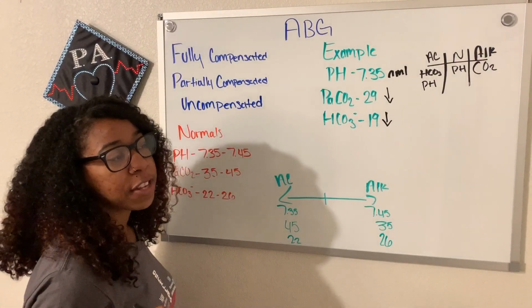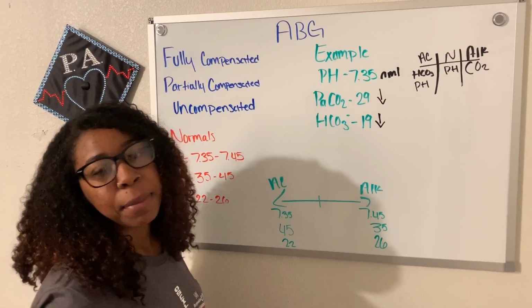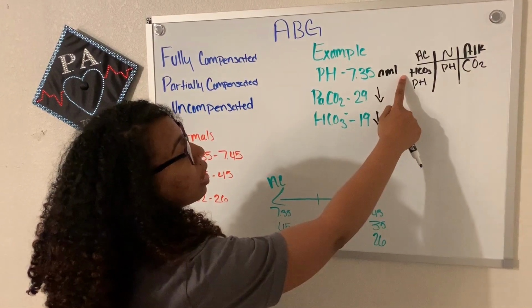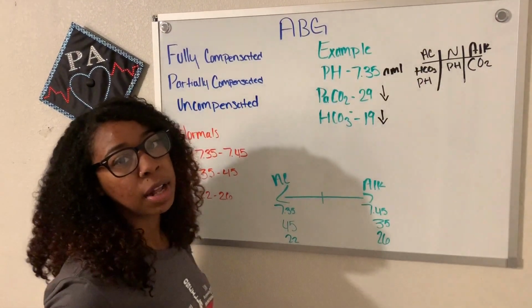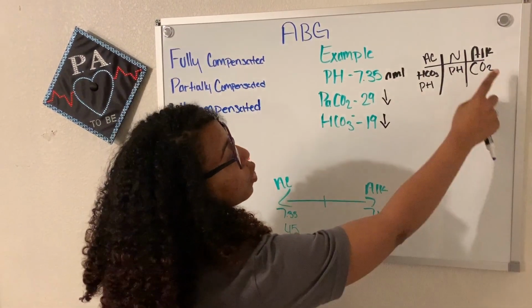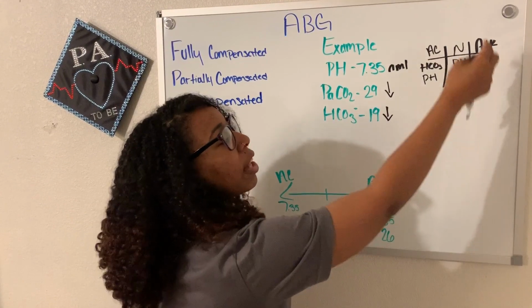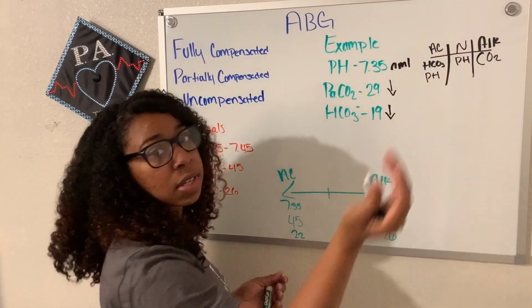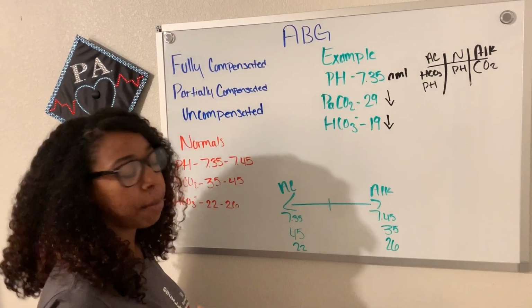Now, this is how we tell if it's respiratory or metabolic. Right here, if the pH is lined up with HCO3, it's metabolic. Now, let's say if the pH was over here on the CO2 side, then it'd be respiratory alkalosis. So that's how we decide if it's going to be respiratory or metabolic.